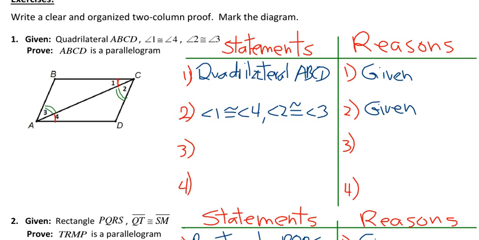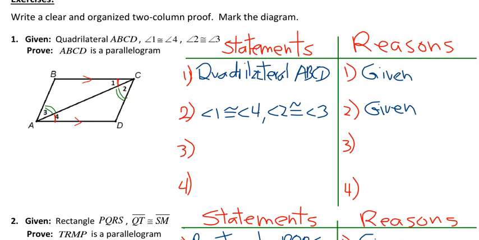So because angle 1 and angle 4 are congruent, BC and AD are parallel to each other. And now we have that angle 2 and angle 3 are congruent, and we will have to do the same thing that we did with angle 1 and angle 4. If we notice angle 2 and angle 3, they form a Z, but this time they are forming the Z with AB and CD.